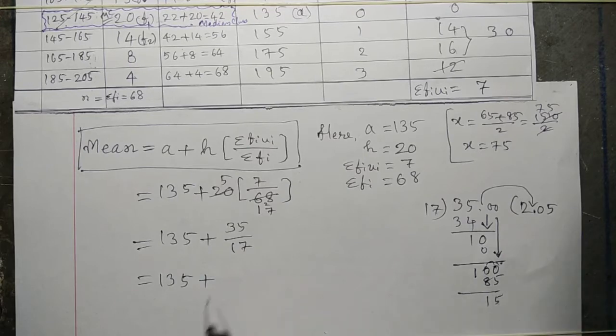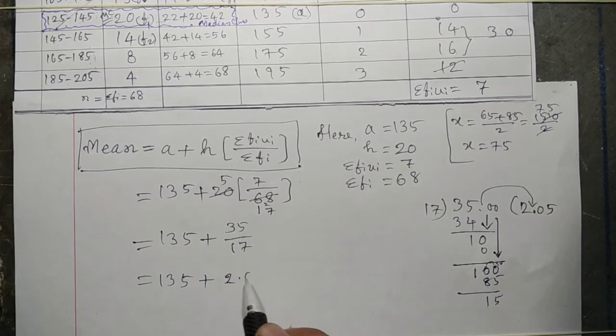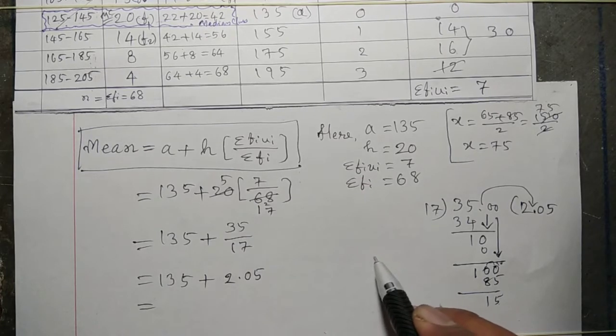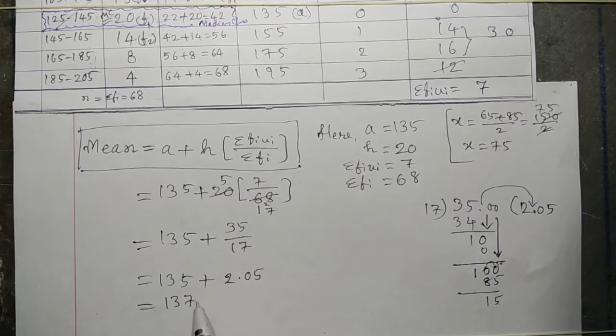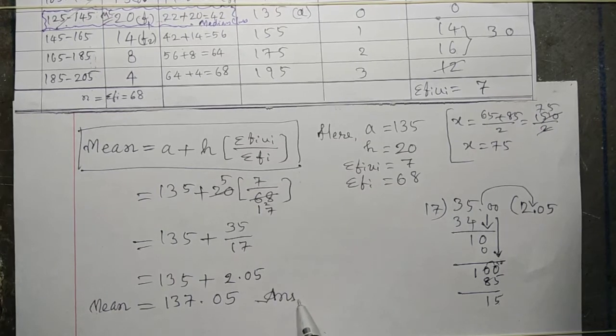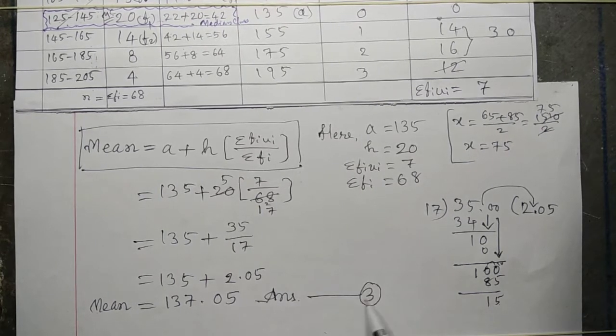So approximately 2.05, that is equal to 137.05. So this is the mean. This is the third answer.